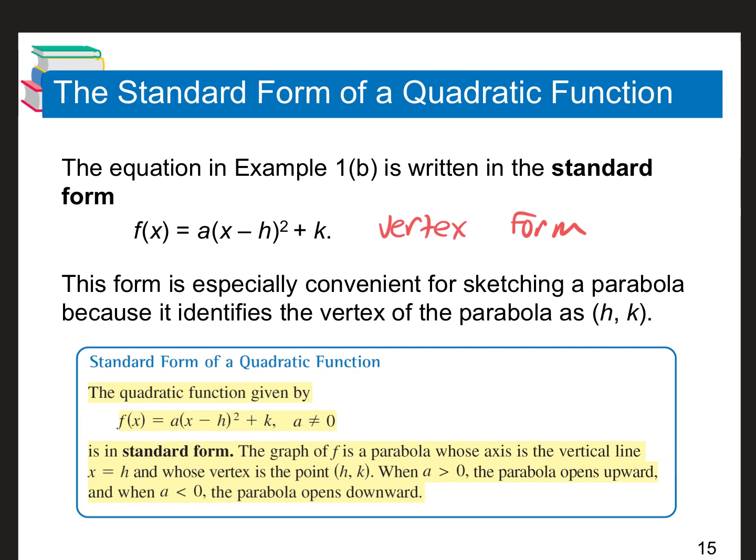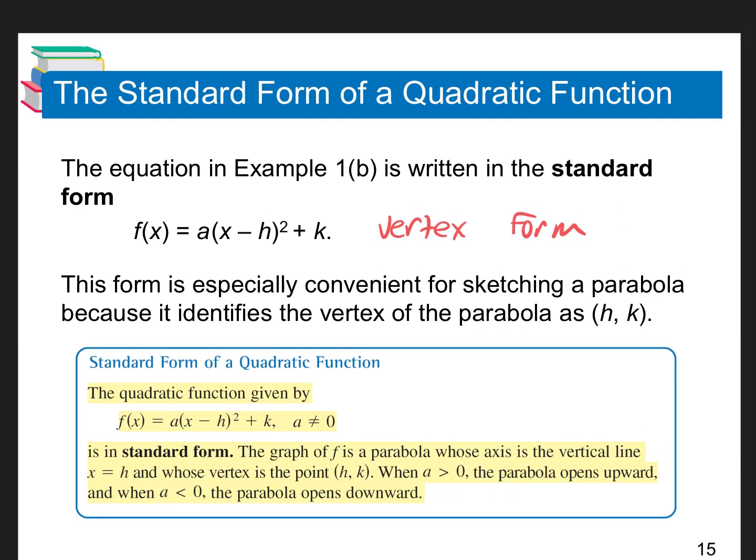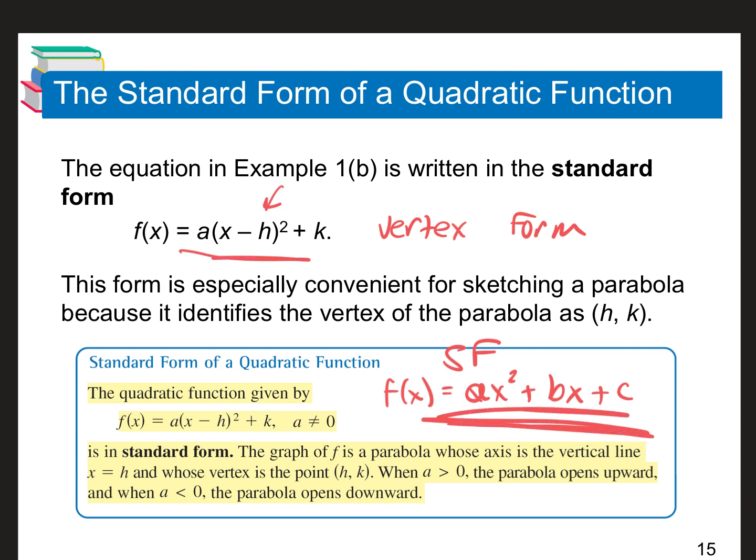To me, and to how we've always taught this and how I learned it, your standard form is ax squared plus bx plus c. That's your standard form to me. So understand on WebAssign, if they give you this function and say give me the vertex form, or if they say standard form but it's written in vertex form or vice versa, this is one form and this is another.